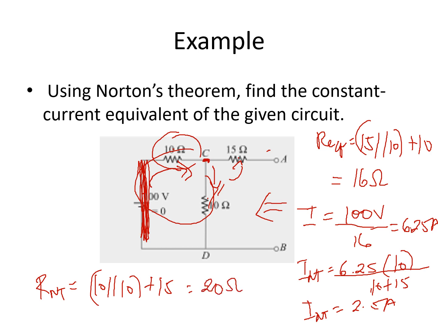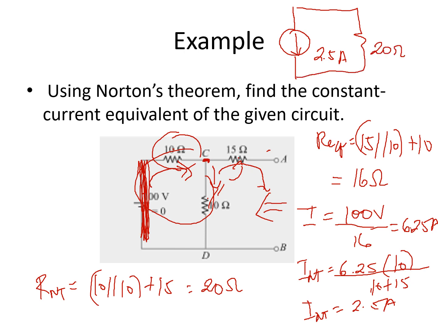And then we just have to redraw the circuit. So this entire circuit can be replaced by a current source. Okay, so what is your current source? That is flowing in this direction. So this is our current source, and this is equivalent to 2.5 amperes in parallel with 20 ohms resistance.